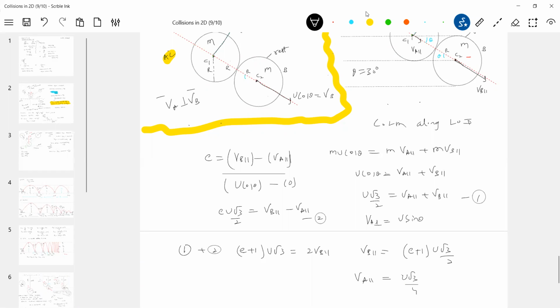Yes, sir. e plus 1 into u root 3 by 4 we'll get VB parallel. Okay, 4 will be there. Anybody, VA parallel? It is 1 minus e, sir, into u root 3 by 4.